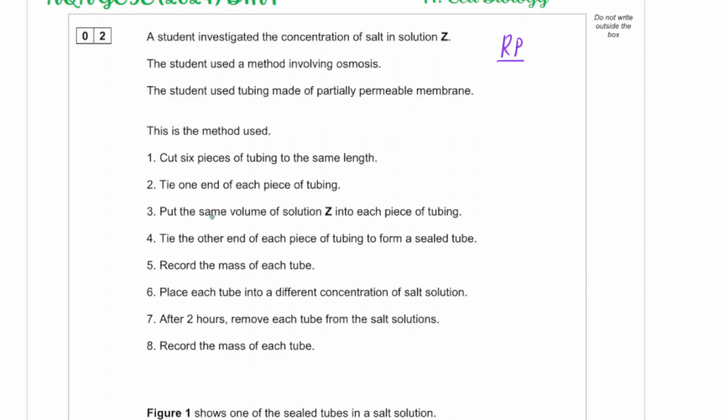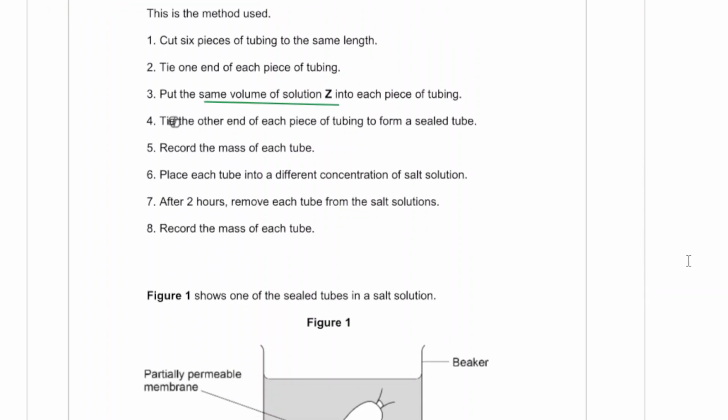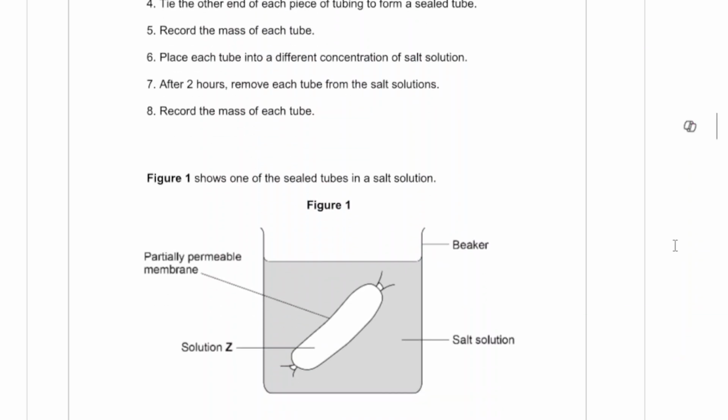So the same volume is in each piece of tubing. Place each tube in a different concentration of salt solution. After 2 hours, remove each tube from the salt solutions. Record the mass of each tube.